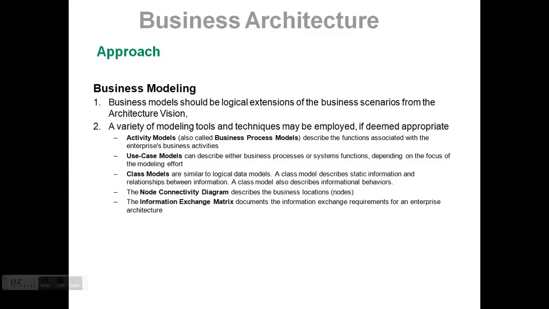We can use use case models that can describe either business processes or system functions depending on the focus of the modeling effort. A use case model usually describes the business processes of an enterprise in terms of use cases and actors corresponding to the business processes and organizational participants.